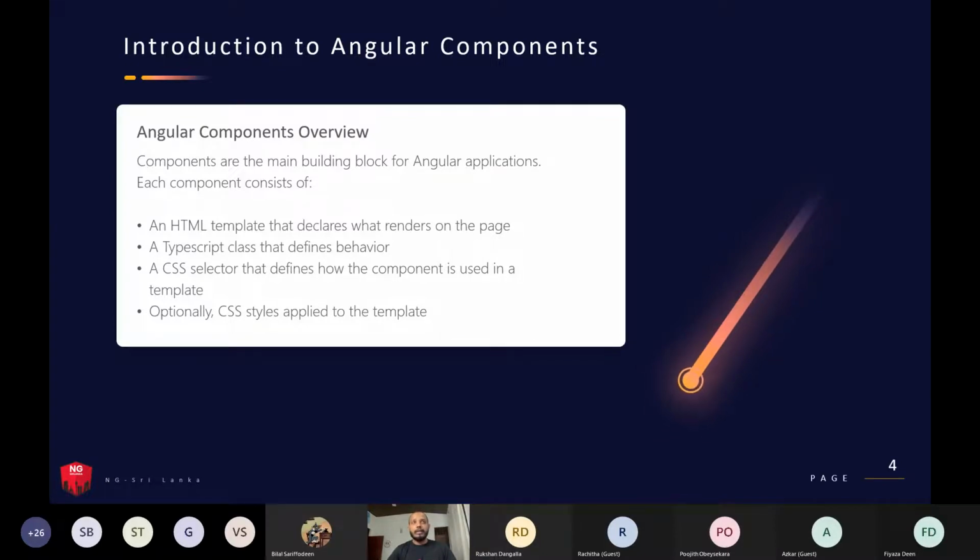When it comes to components, the HTML template and CSS selector are essential. You have to add those to create a component. In a while, let's see how you can create components.